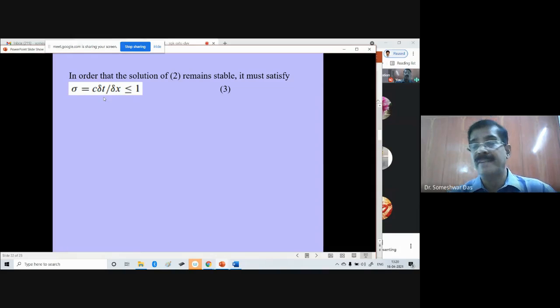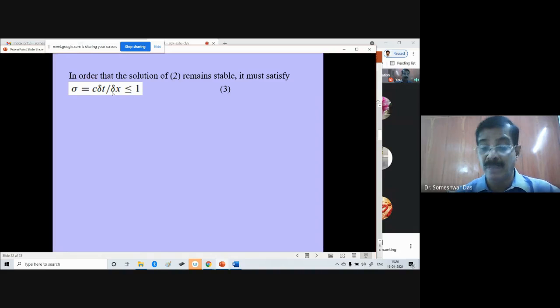In order to have stable solutions numerically of the partial differential equations governing the atmosphere, you have to satisfy this criterion: C delta T divided by delta X must be less than or equal to 1. Only then will that criterion be fulfilled and your solution will be stable.